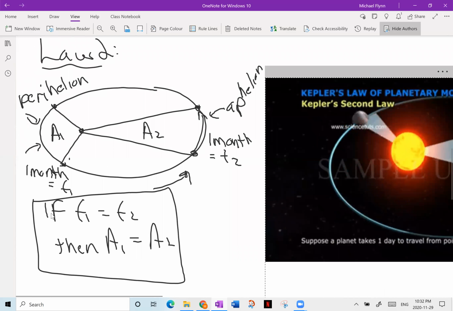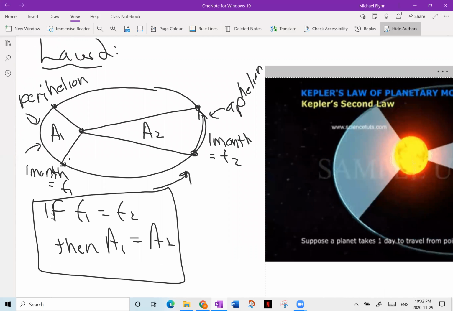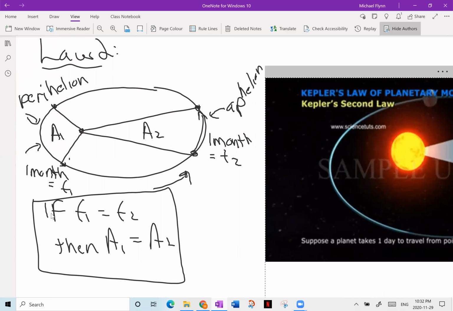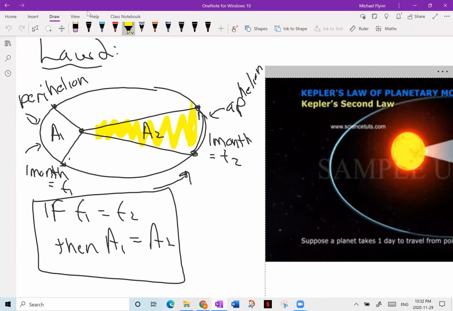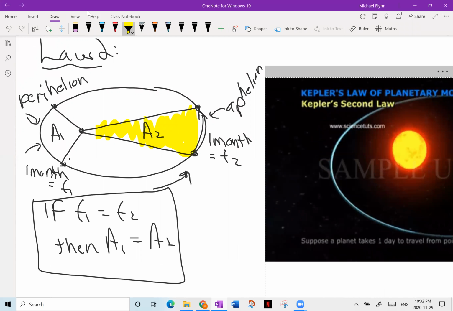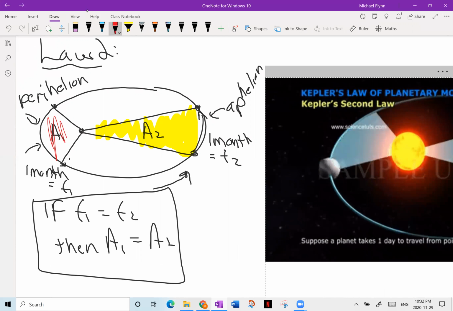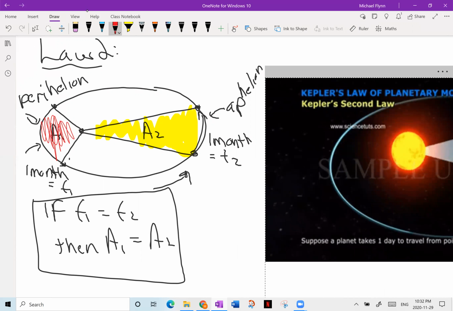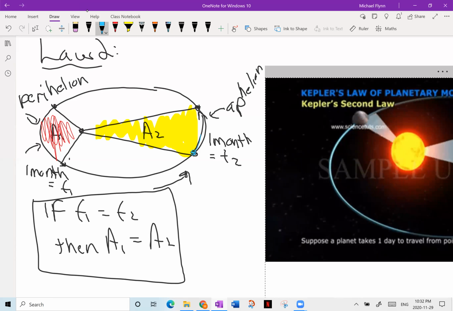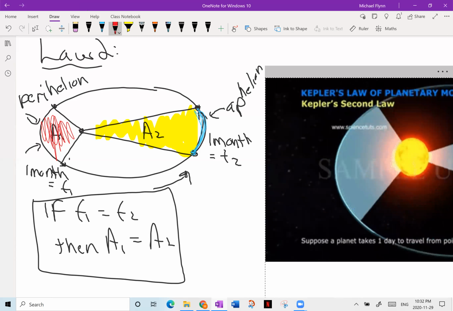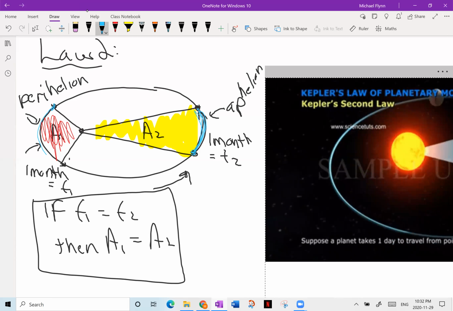Now, basically, I summarized it for you here. I'm sorry, my drawing is awful, but I apologize for that. But it goes like this. If this yellow area here is the same as this red area here, they'll be the same if the planet here moves across this arc in the same amount of time that the planet will move across the arc close to the sun.